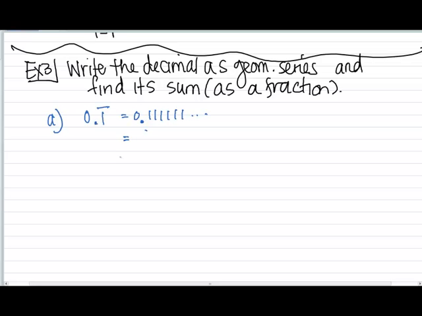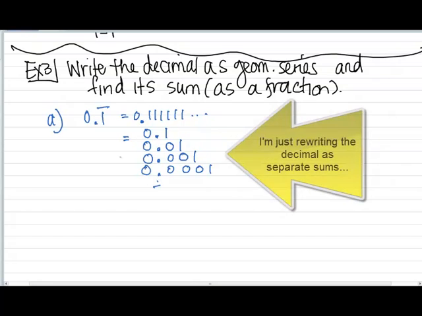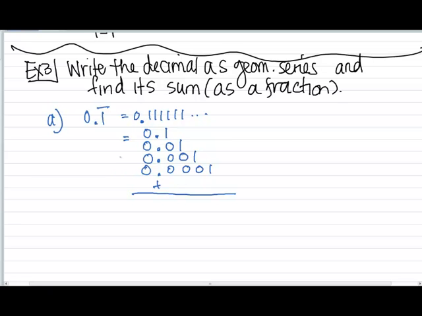I'm going to have us rewrite this a little bit and look at this sum a little bit differently. Notice if I keep on adding these by putting a 0 in front of it every time, I'm going to have 0.11111.